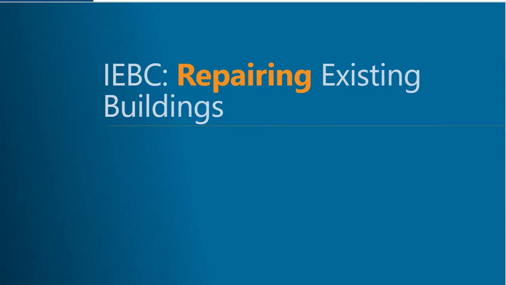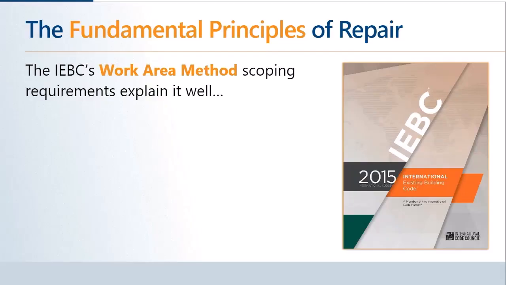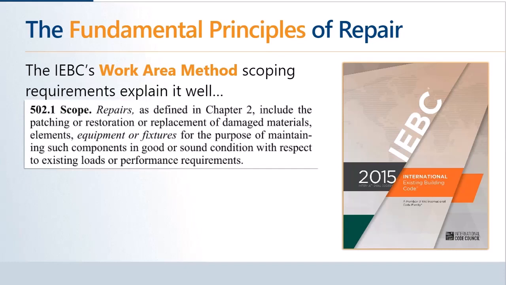So repairing existing buildings in the IEBC, really, from a fundamental perspective, the IEBC's work area methods scoping requirements really explain it well. 502.1, repairs, and again, this is a 2015 edition. Repairs as defined in Chapter 2 include the patching or restoration or replacement of damaged materials, elements, equipment, or fixtures for the purpose of maintaining such components in good or sound condition with respect to existing loads or performance requirements.